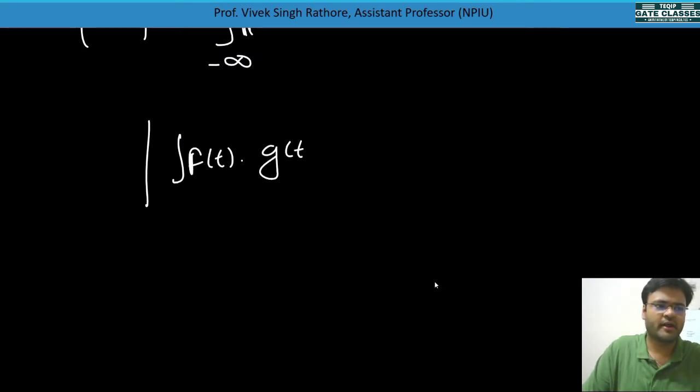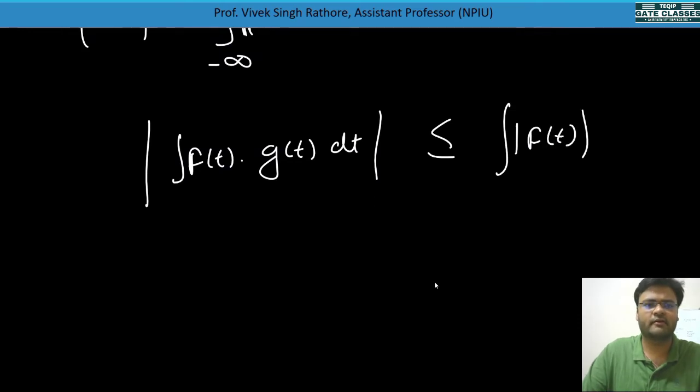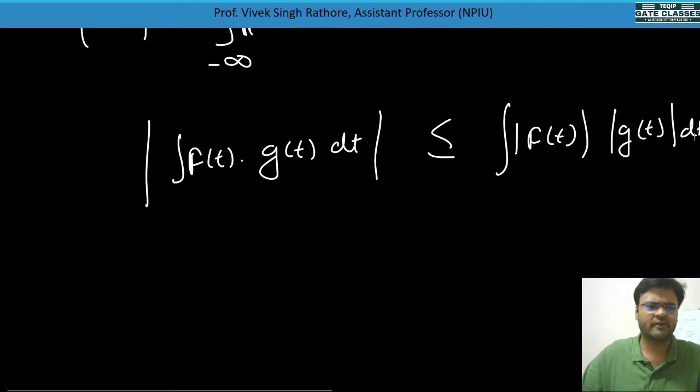If we apply the Schwarz inequality, we can say that if the magnitude of f of t into g of t is multiplied and we take the magnitude, it can be said as the integral of magnitude f of t multiplied by magnitude g of t dt. This is actually the Schwarz inequality, and we can apply it here also.